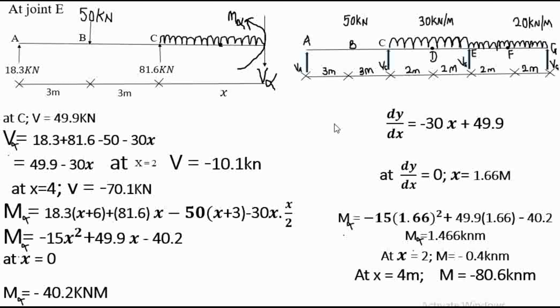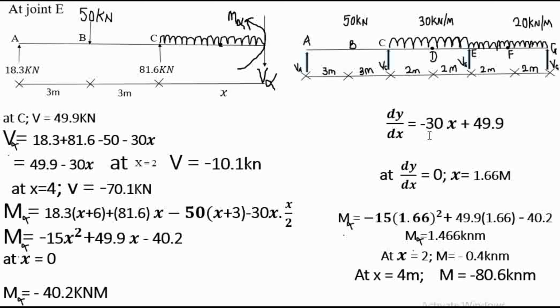We differentiate the expression for the bending moment, and that will give us minus 30x plus 49.9. Equate the dy/dx to 0, and we have the value of x to be 1.66 meter. In that expression for the bending moment, we substitute the value of x into the equation, and after that we have that M alpha equals 1.466 kilonewton meter. That is our turning point.